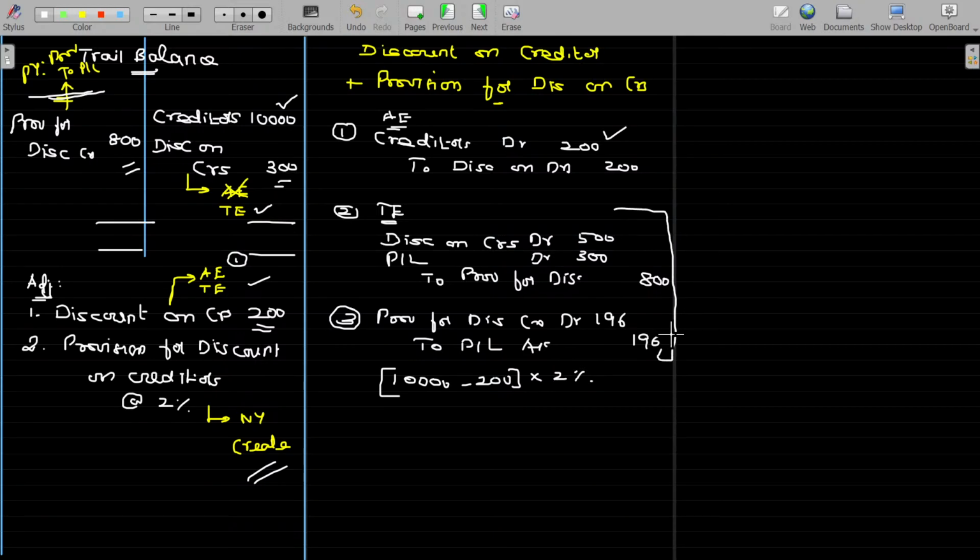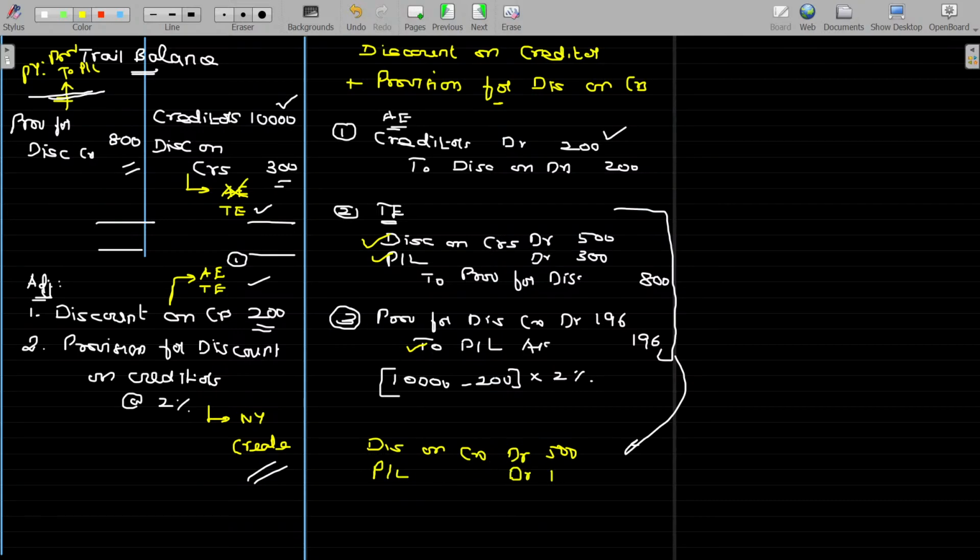Naturally, we can club these two entries. So if I club these two entries, what could be the journal entry here? Discount on creditors debit side 500 rupees. Profit and loss account debit 300. Credit 196 leads to 104 in the debit side.